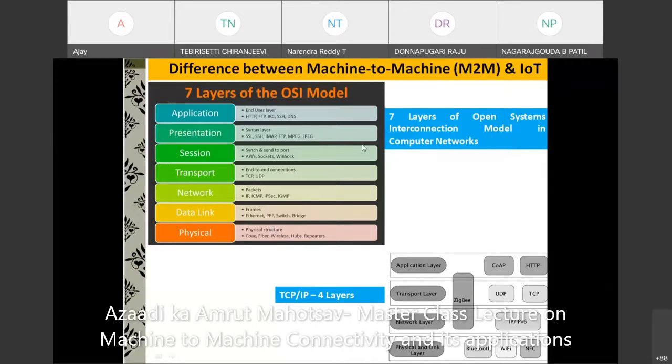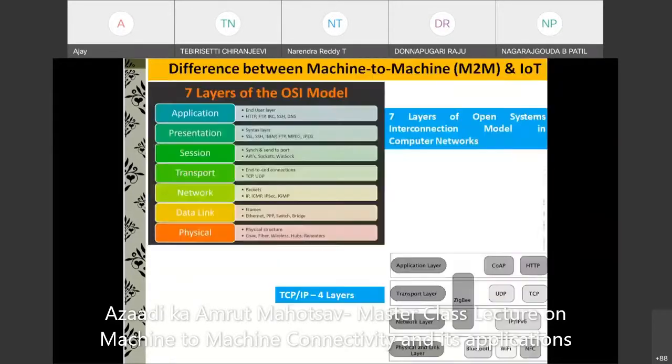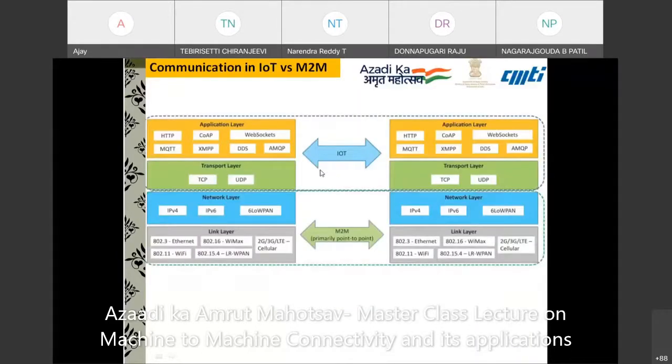I will try to show where IoT and M2M are different in the next slide. Here you can see that 4 layers will be used: the physical and link layer, then network layer, transport layer, and application layer. The M2M will be communicating between these 2 layers, whereas IoT will be communicating within these 2 layers, transport and application layer. This is the main difference.